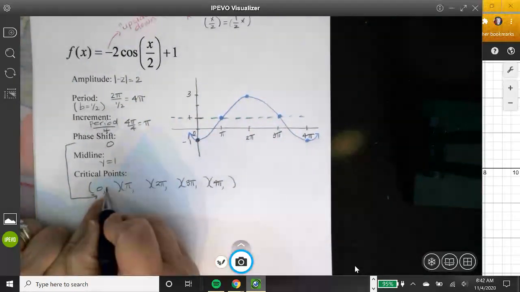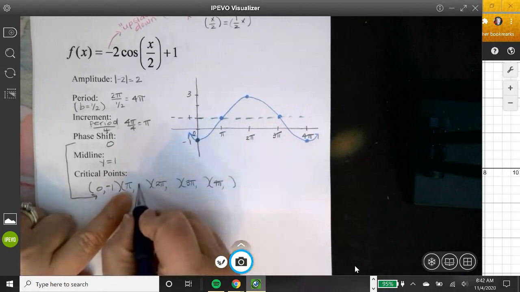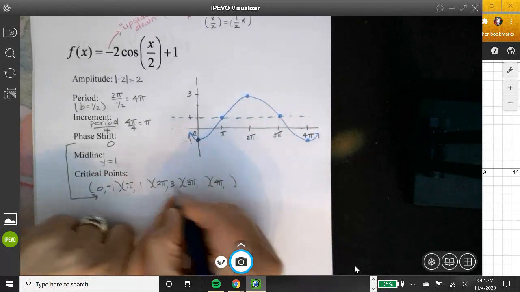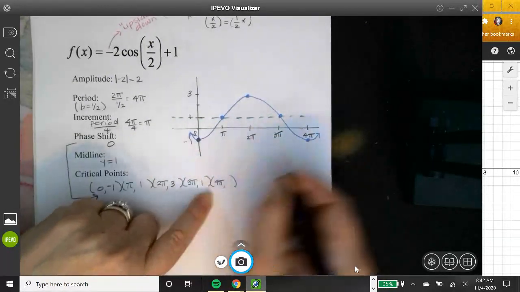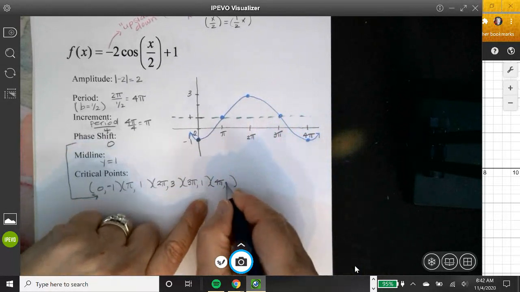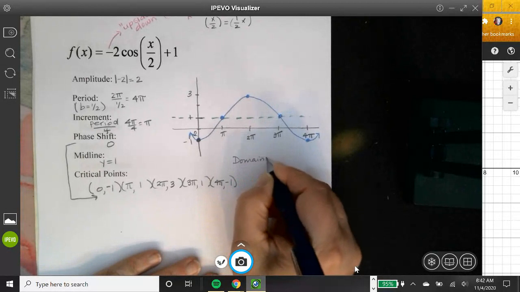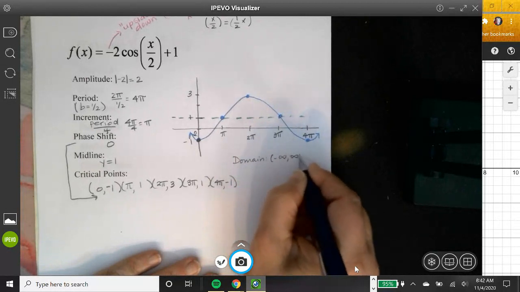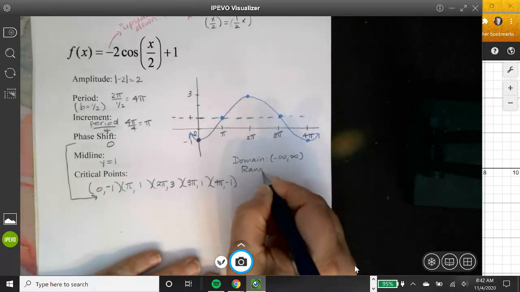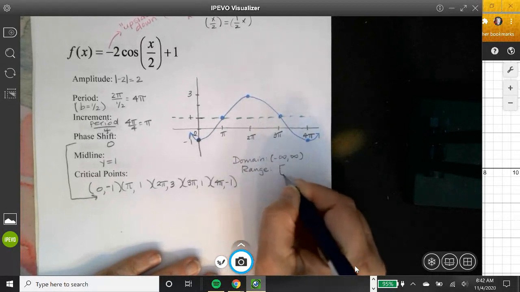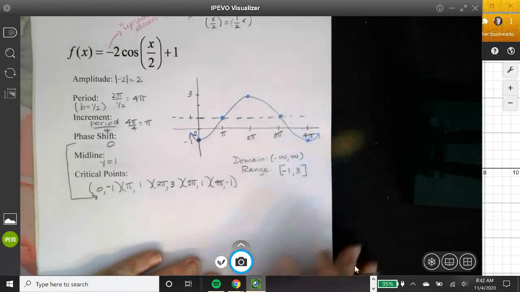Well, the first one's going to be -1, and then midline 1, and then 3 for the max. 3 pi is 1, and then at 4 pi is -1 again. The domain in this case is still -infinity to infinity. The range is going to be -1 to 3 inclusive.